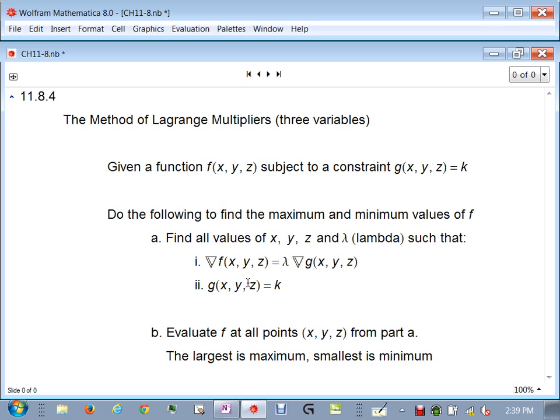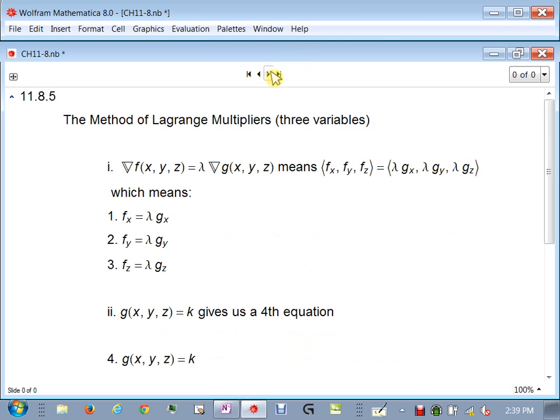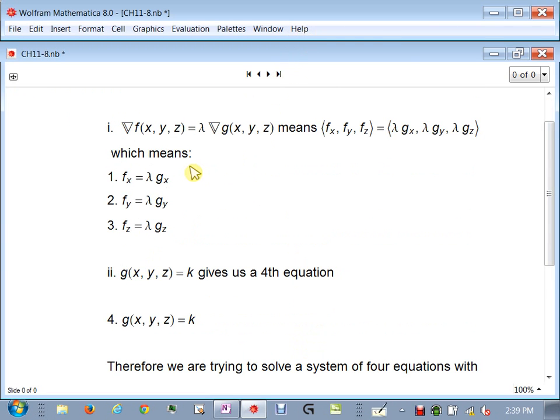The second thing here is the constraint itself. Now we have to find all the points x, y, and z, and lambda, and get those, and then use the x, y, z to find max and min. All right, so there are the 4 equations you'll have.